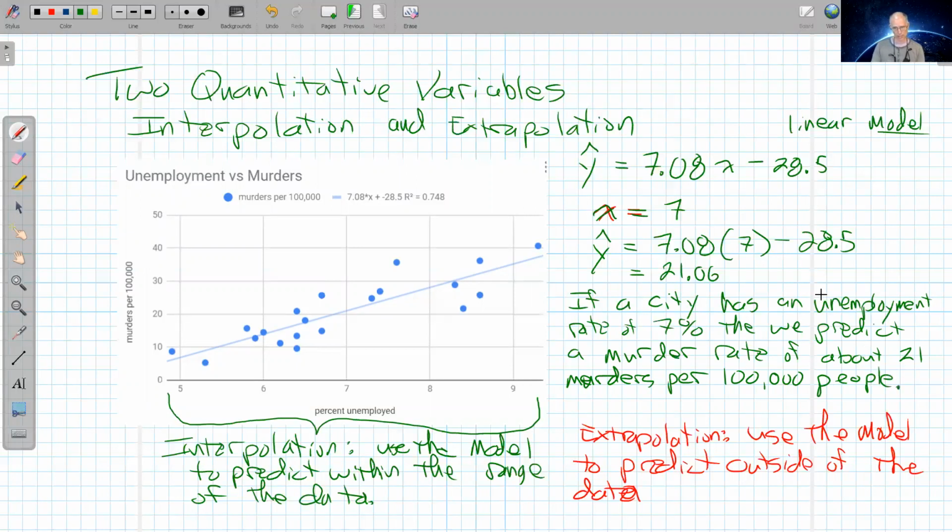So that's interpolating, because the percent I picked to plug in is within the range of the given data.